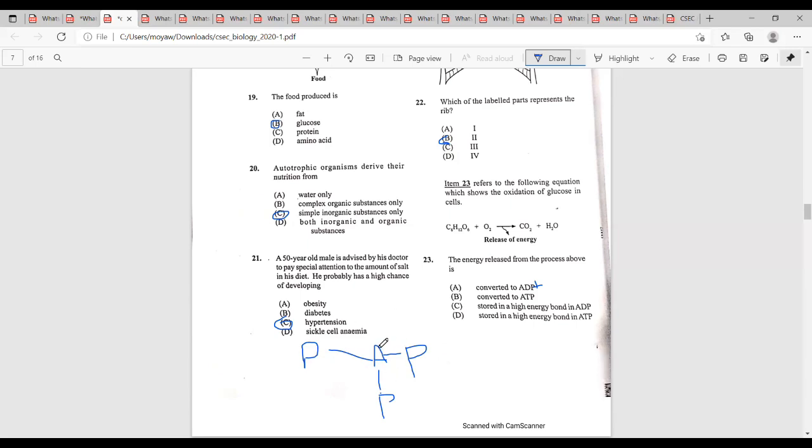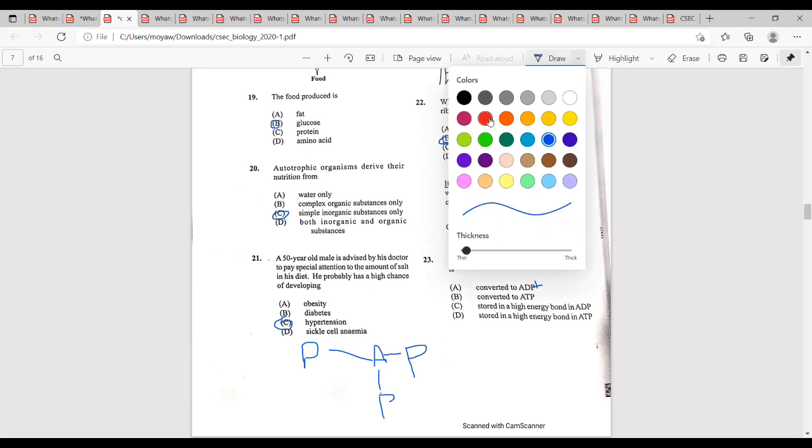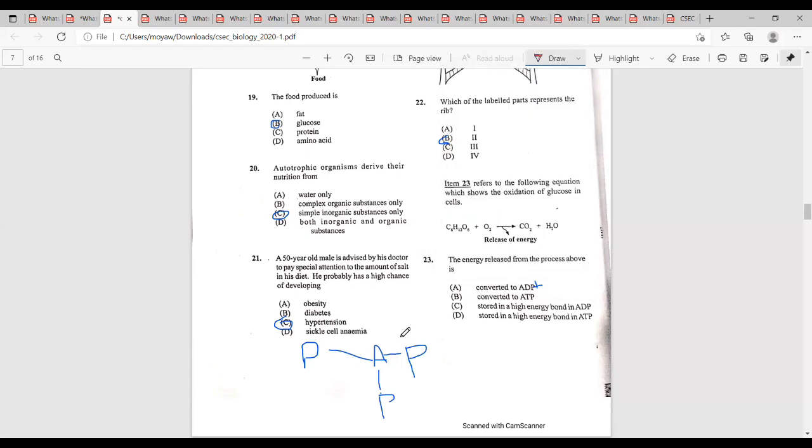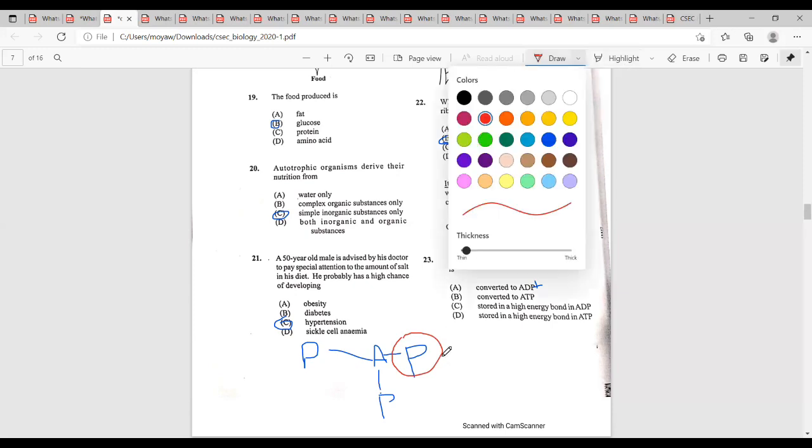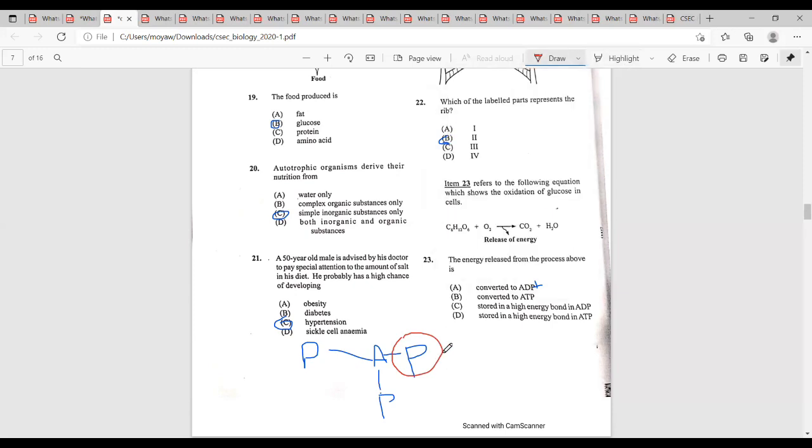The adenosine, the A, TP means 3 phosphate, 1 here, 1 here, and 1 here. So to get energy, remember, we have to lose a phosphate. That means a phosphate bond has to be broken. So this phosphate molecule that I circled is going to come off.